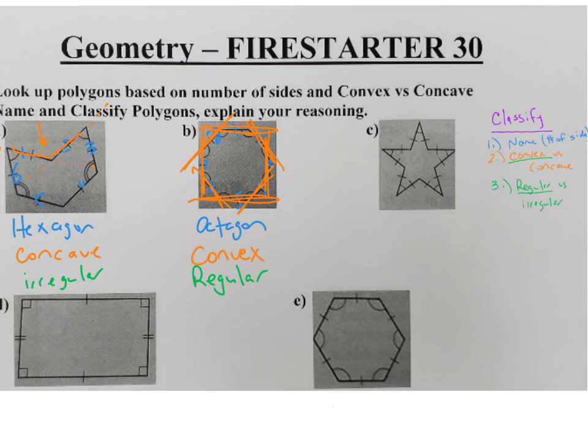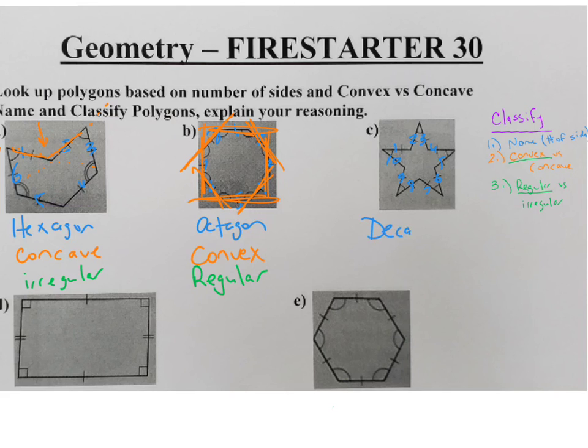And really, if you write regular, convex is kind of implied. So some people won't write both convex and regular. Some people will. Depends. I'm going to have you write both. C, we're going to count the sides to start. So look, 1, 2, 3, 4, 5, 6, 7, 8, 9, 10.